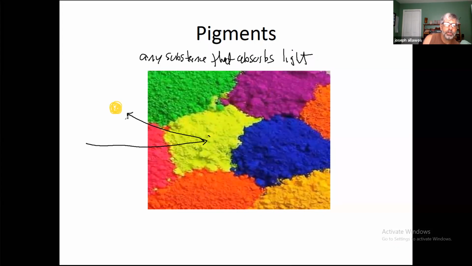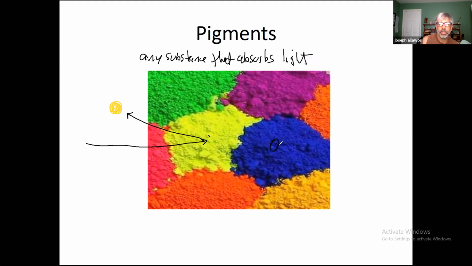So this yellow pigment is reflecting yellow. It's absorbing everything else. It's absorbing the blue, the green, the violet, the indigo, the red. It's reflecting the yellow.